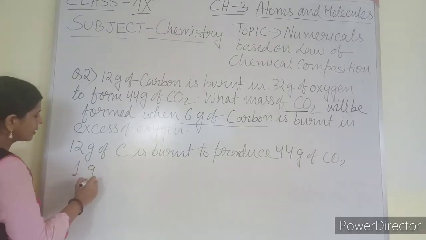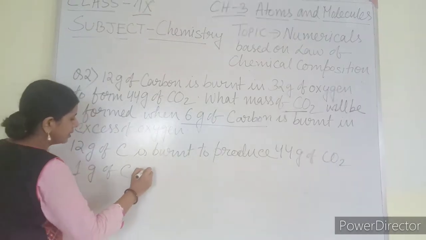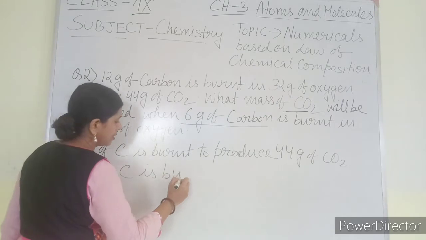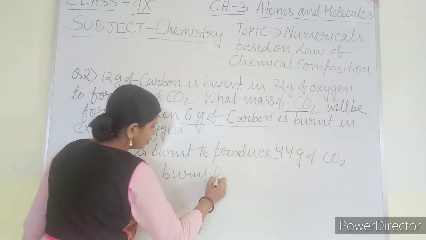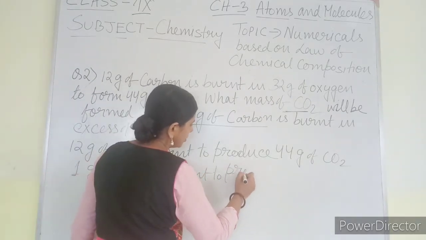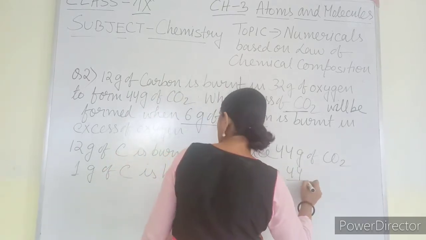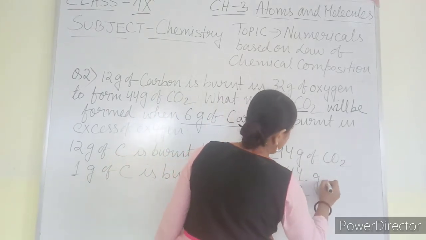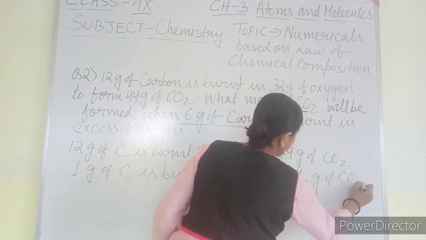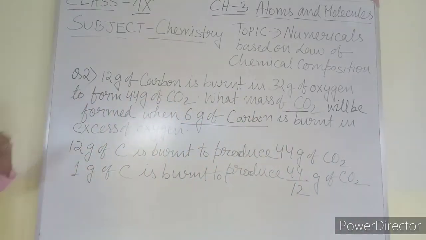Now 1 gram of carbon is burnt to produce 44 by 12 gram of CO2, and the question is 6 gram of carbon is burned.